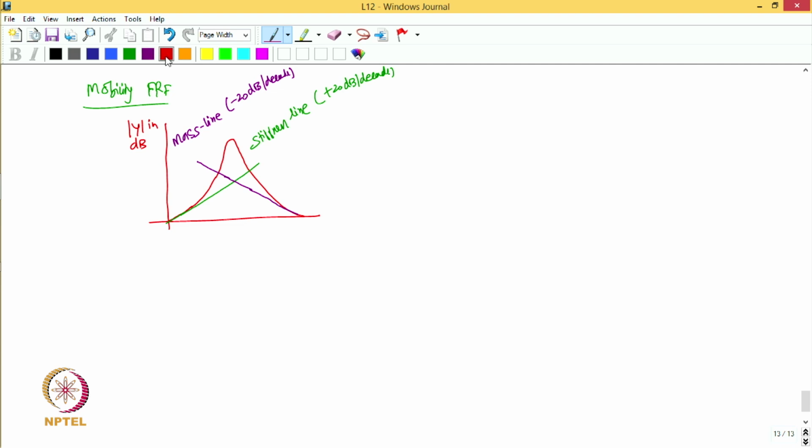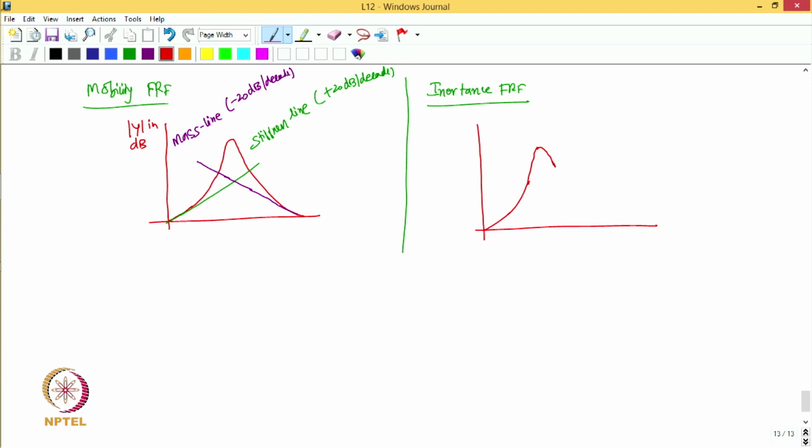And if you analyze the inertance, then the magnitude plot would be something like this. Okay. So, this is the inertance. Let me represent it by, say, A, the magnitude of the inertance in dB versus logarithmic frequency.